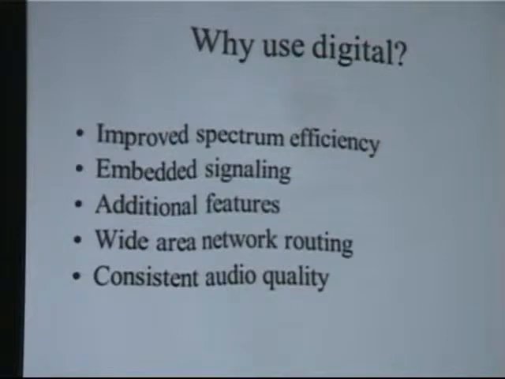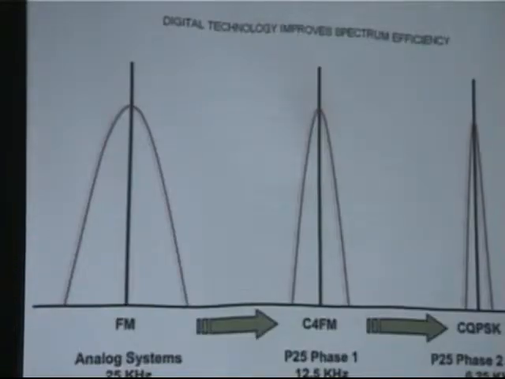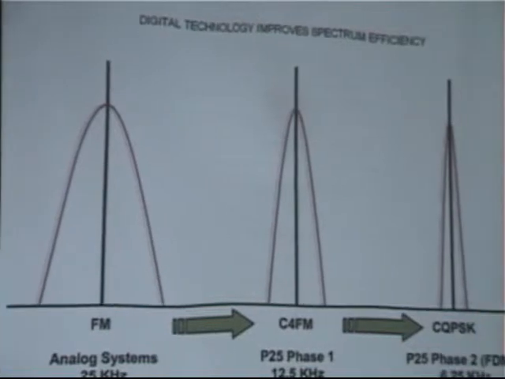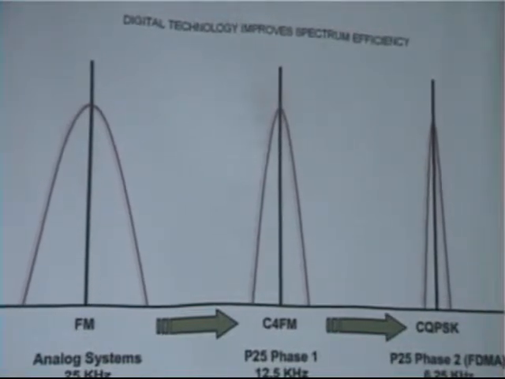So as you're transmitting, there's stuff that's being sent along with it, and additional features that are in the radio, and the wide area network routing, which is a big attraction for hams. And we have consistent audio quality. They're always telling you, wow, digital, it's consistent, it's wonderful. So we'll talk a little bit about that too. The spectrum efficiency, this is kind of a graph that shows very, very simple terms.